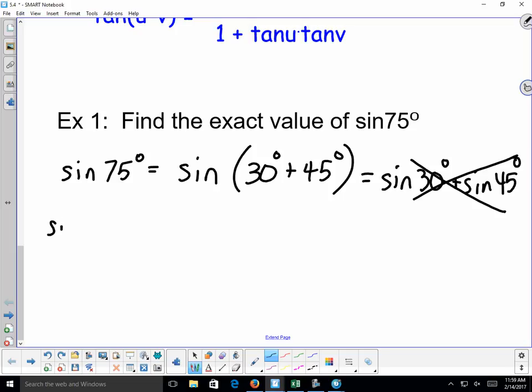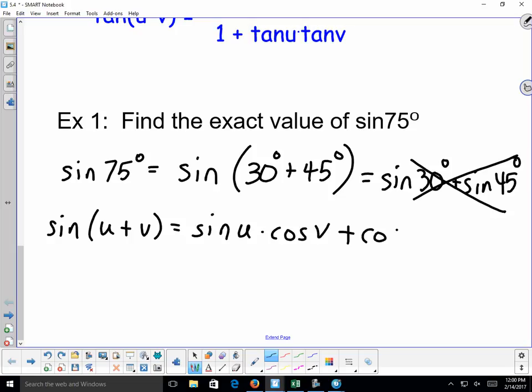So we want to use the sine u plus v formula, which is sine u cosine v plus cosine u times sine v. Does that look right? In this case, 30 degrees is our u and 45 is our v.